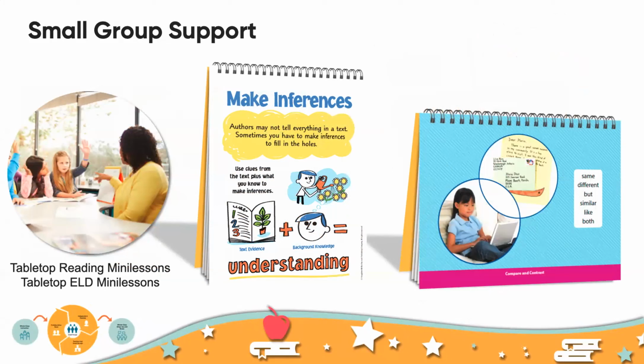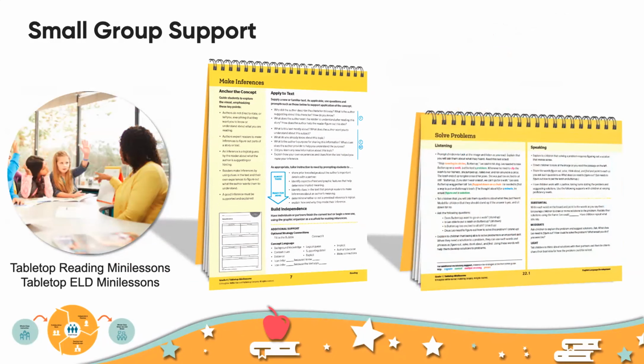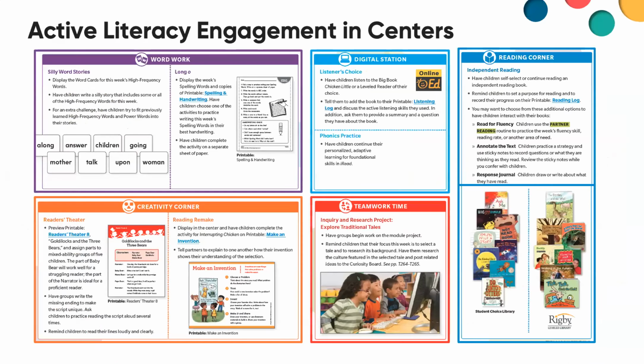The teachers have one set designed to support the development of reading comprehension skills and strategies, but they also have another to help facilitate small group instruction for English language learners. This resource ensures that your students who may not speak English as their primary language have additional support accessing the curriculum. And finally, Into Reading is packed with fun and engaging center materials that support independent learning.